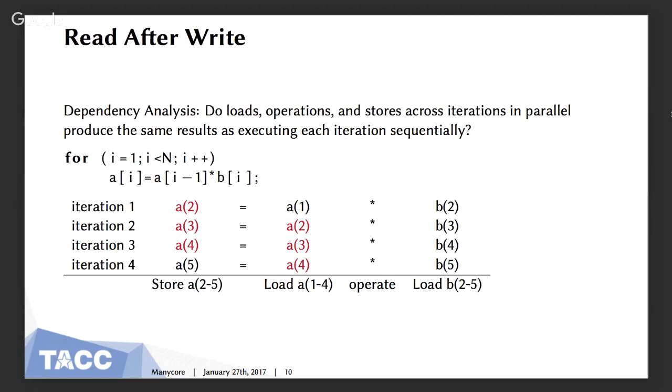The vector operations occur all at once: B of 2 through 5 will be loaded into your vector register, A of 1 through 4 will be loaded into your vector register, and then they will be combined all simultaneously into A of 2 through 5 in a different vector register.